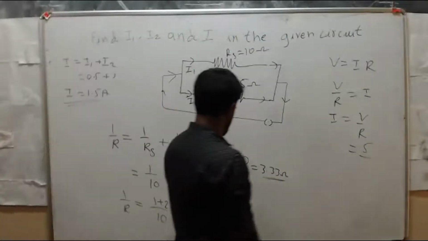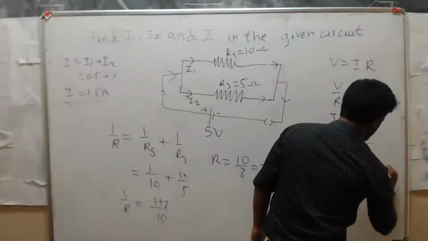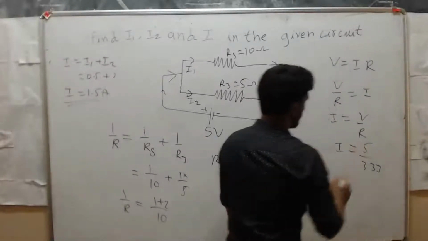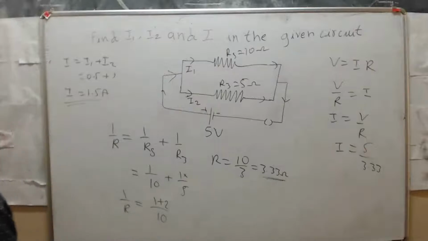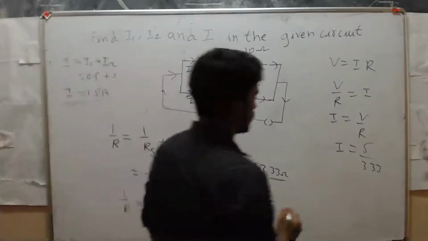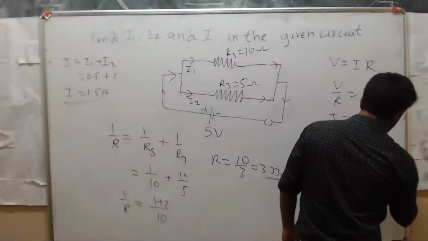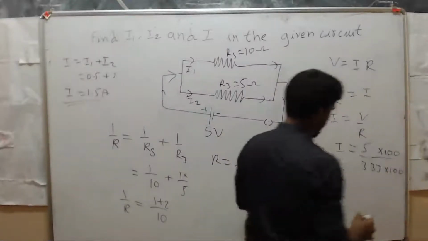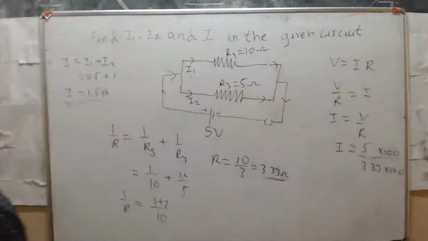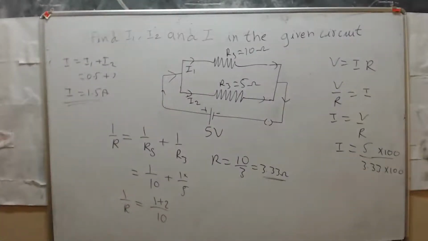Now substitute: 5 divided by 3.33. Multiplying by 100 over 100, you will get 500 divided by 333.